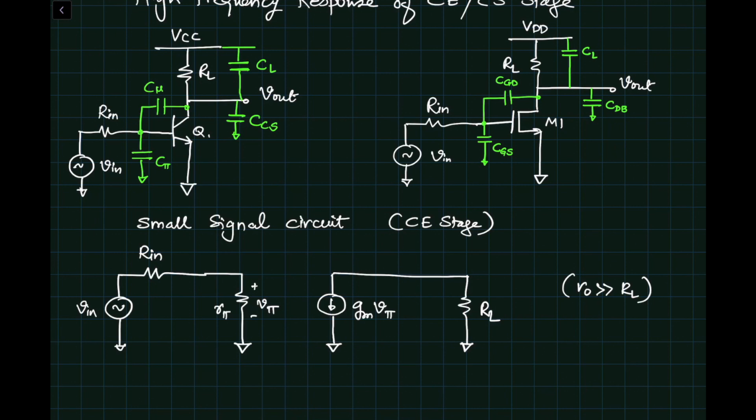Now we will add the capacitances for the bipolar in this picture. You can draw a similar circuit for the MOSFET stage, and you will find the only difference is that R pi will be infinite for a MOSFET stage.